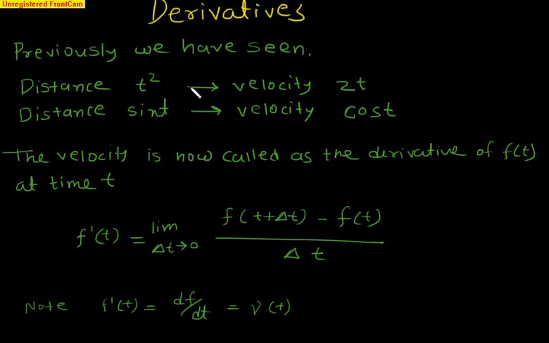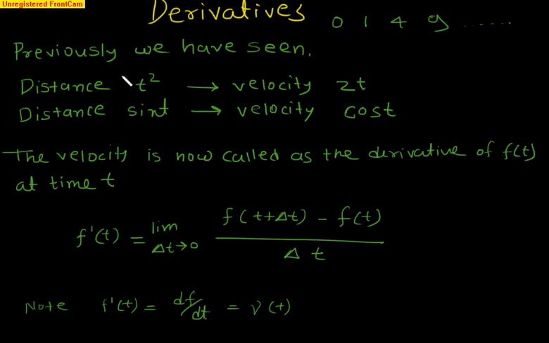Friends, in our previous video we have seen that just by using a game of numbers we have proved that if distance is t square, means something like 0, 1, 4, 9, then the velocity is going to be 2t.